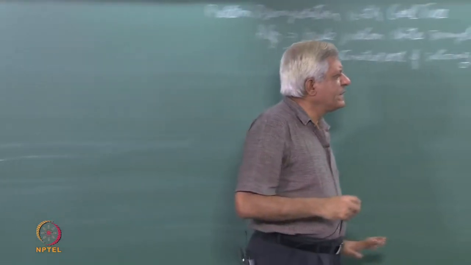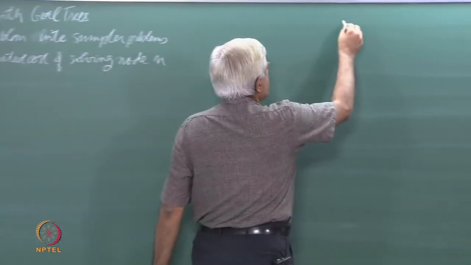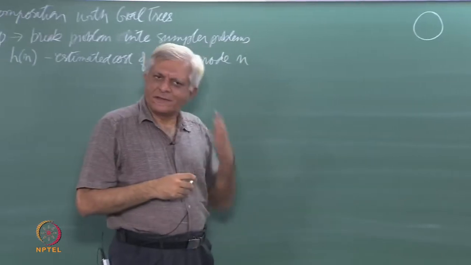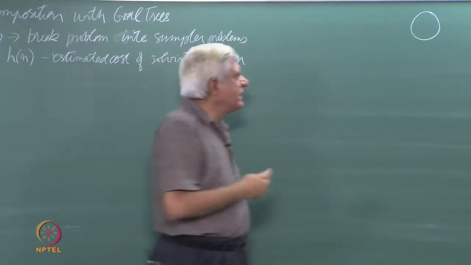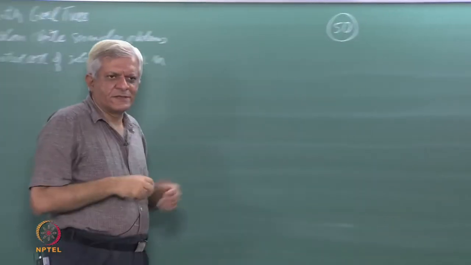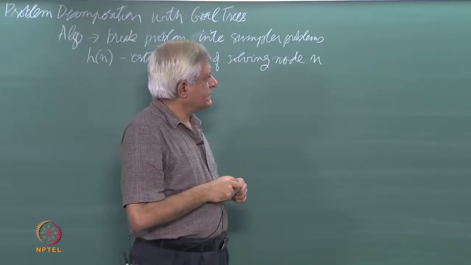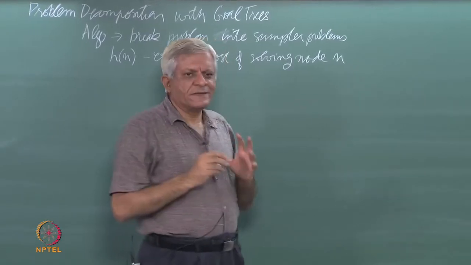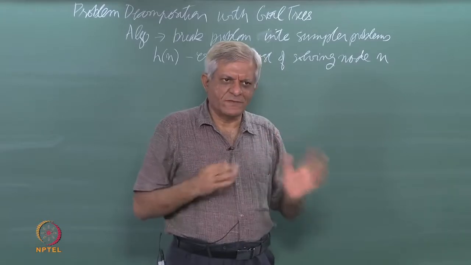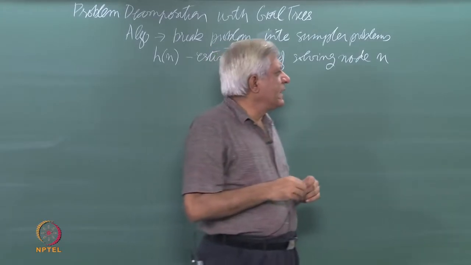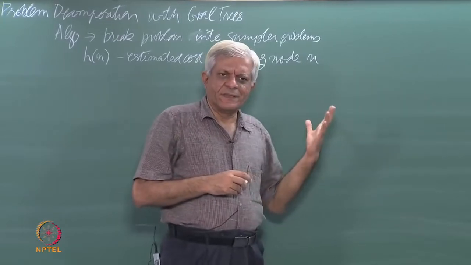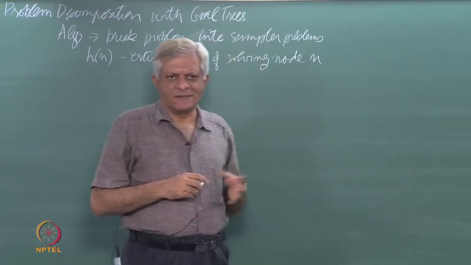So, let us say that we have some problem that we are trying to solve, and we compute the heuristic value, and let us say it is 50 essentially, just to start with. So, when we start solving the problem, our estimate is that it is going to cost us 50 units of whatever, and let us assume for the sake of illustration here that every edge has a cost associated with it, which is 10.